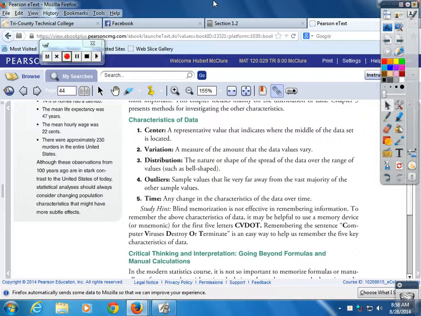Then it will be a straight line, because mostly everybody at Tri-County is human. So there's no variation there. Now sometimes you will have a survey or an experiment that comes out with a flat line, but usually not. Usually you will have variation.